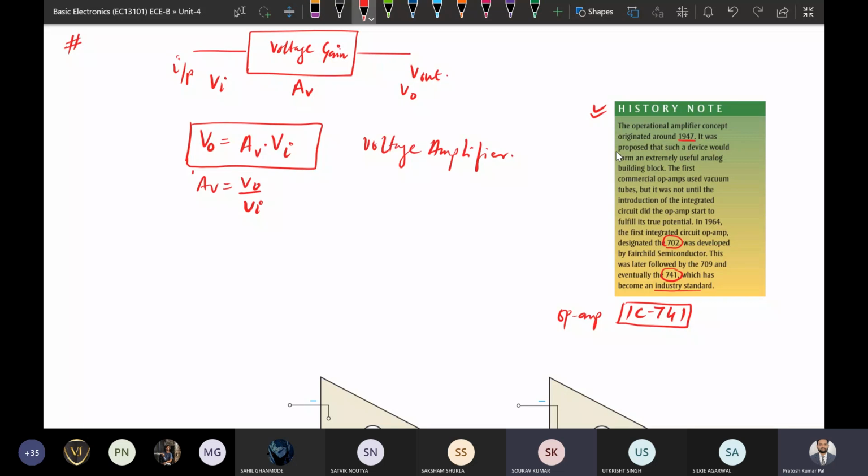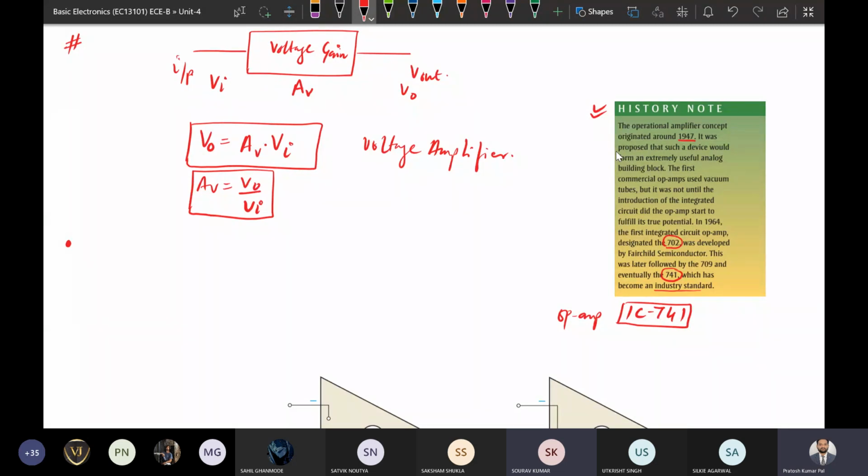From there we can conclude that an operational amplifier is similar to a voltage gain amplifier, where again the input voltage changes the output voltage. In other words, this voltage amplifier circuit controls the output based on the input voltage.